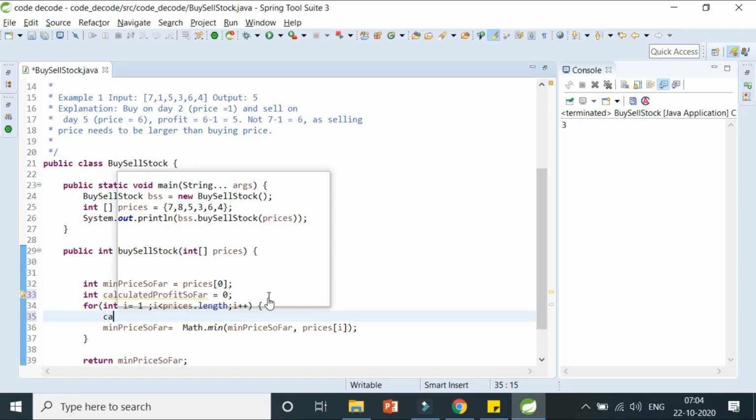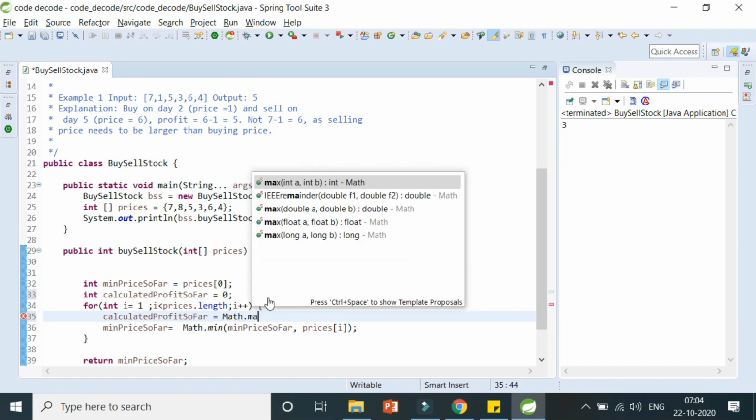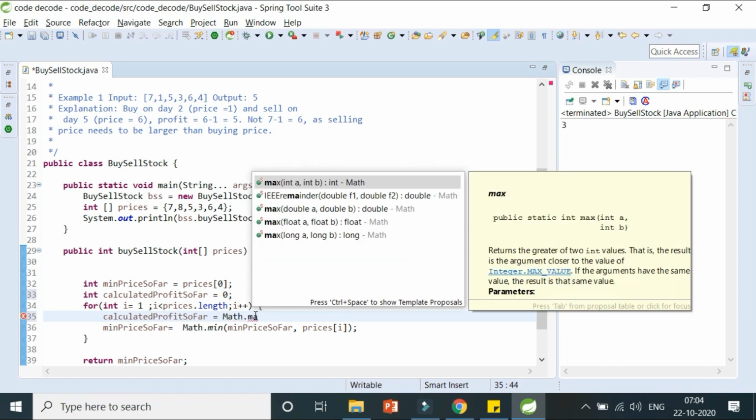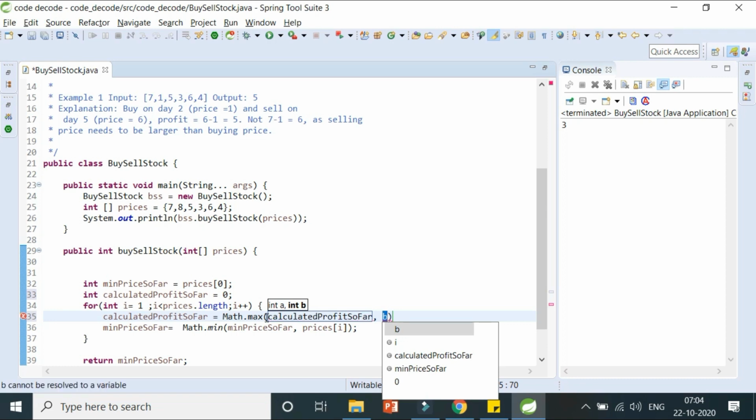So calculated profit so far is equal to, again we are going to use the math library, Math dot. Now in this case we have to use the max function because we have to find the maximum profit. While finding the minimum price of the stock we used minimum, but here we have to use the max function. We compare the calculated profit so far and the difference of the values.